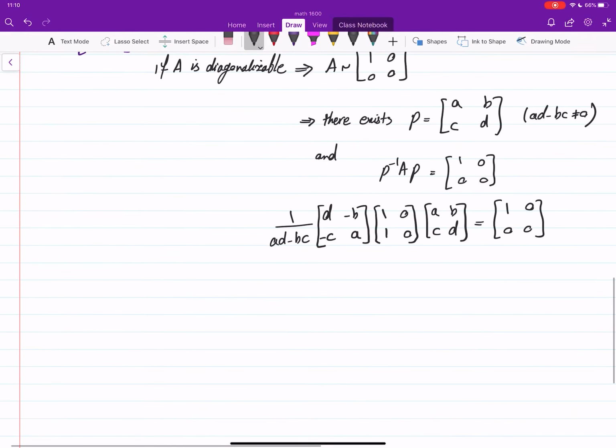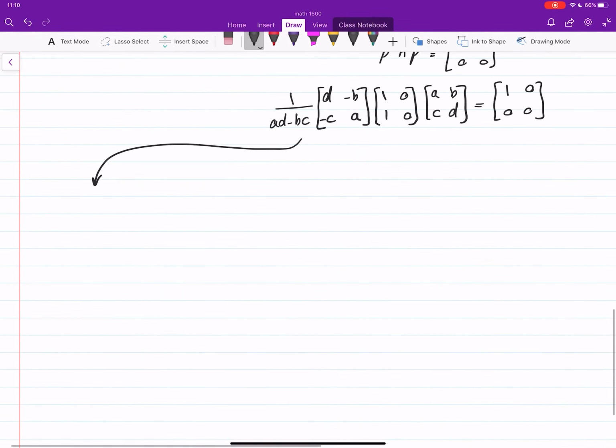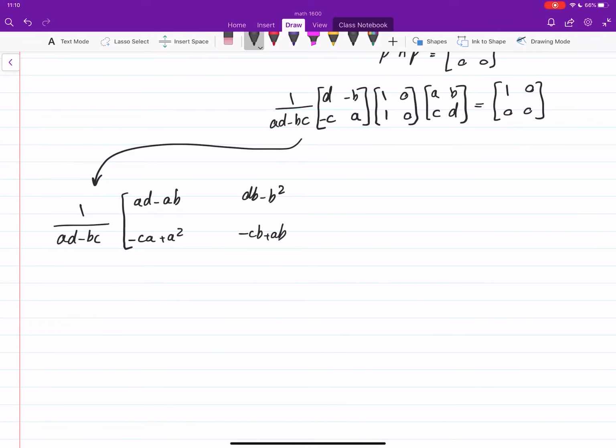It will give us 1 over ad minus bc, times a 2 by 2 matrix: ad minus ab, db minus b squared, minus ca plus a squared, minus cb plus ab.